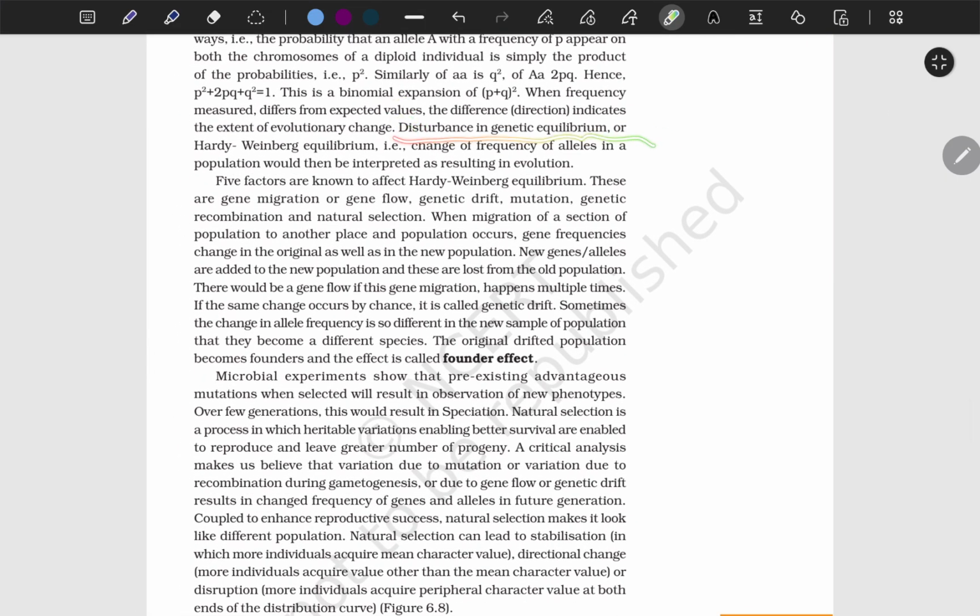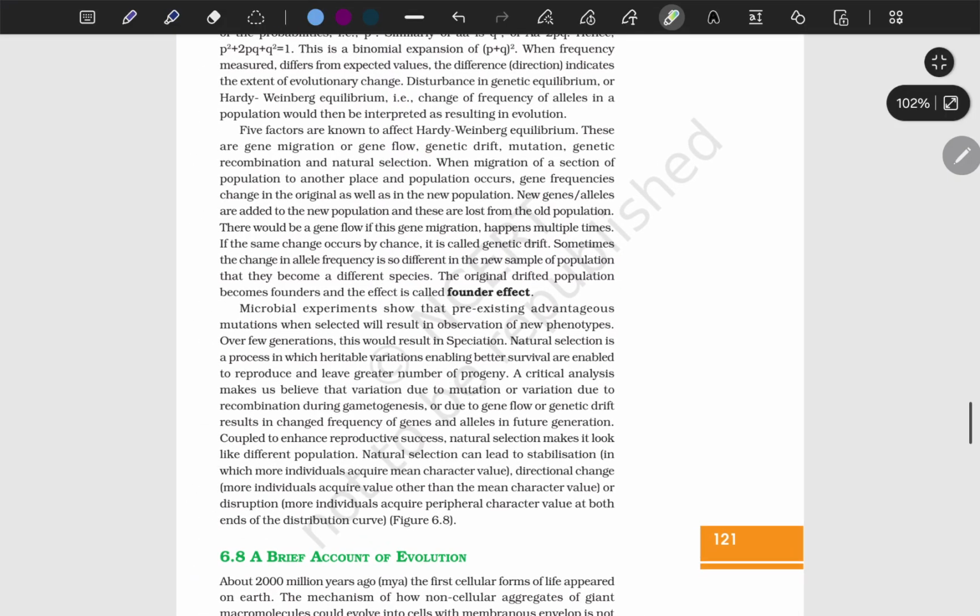Disturbance in the genetic equilibrium or Hardy-Weinberg equilibrium, such that there is a change of frequency of alleles in a population, would then be interpreted as resulting in evolution. So five factors are known to affect the Hardy-Weinberg equilibrium. These are gene migration or gene flow, genetic drift, mutation, genetic recombination and natural selection.